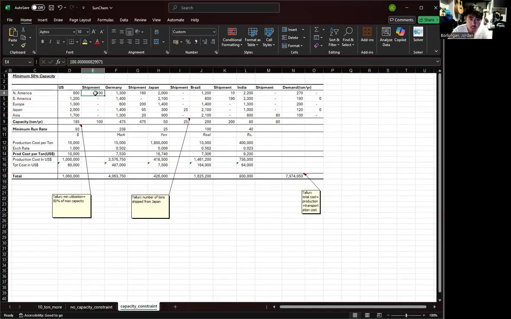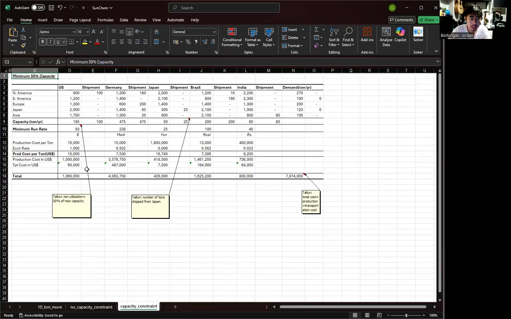As for the shipment, how was this value computed? This solution is already provided, and it has been automatically computed through optimization programs. So we have the final table, given the constraint of minimum 50% capacity.